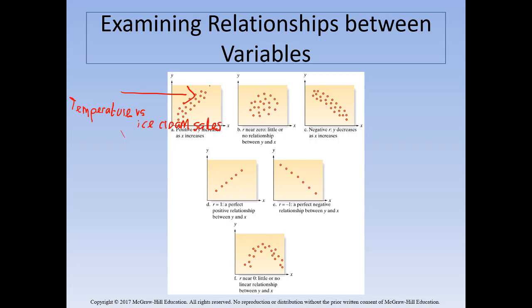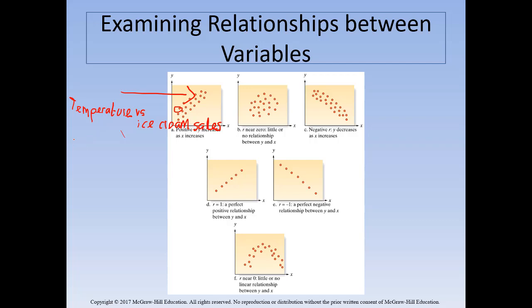And it's not going to be perfect. You might have a day with high temperature and not great ice cream sales, because in the real world, these things are never exactly perfect. Now let's think of different countries. Each of these dots would be an actual country.